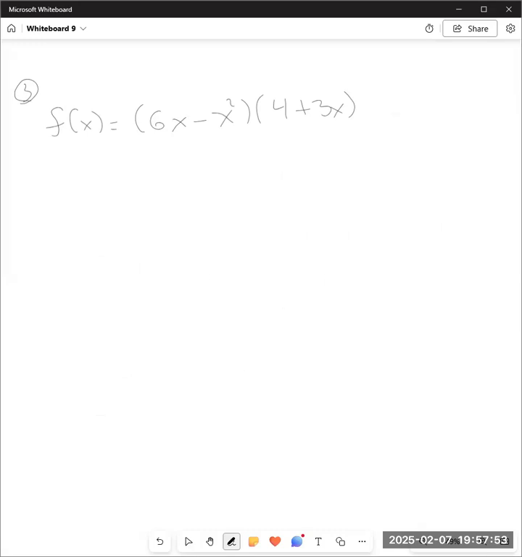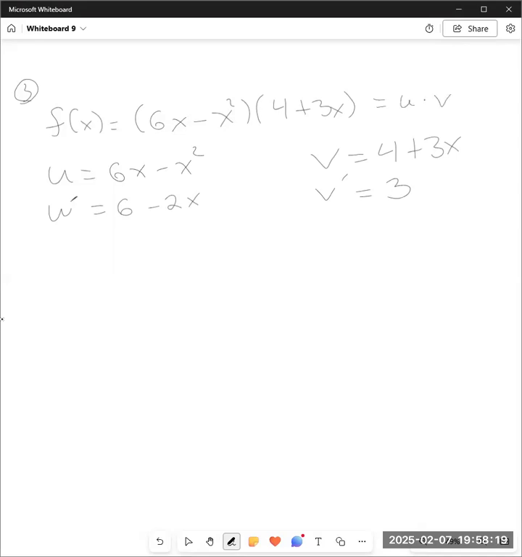So u is going to be 6x minus x squared, and v is going to be 4 plus 3x. So u prime is 6 minus 2x. V prime is 3.